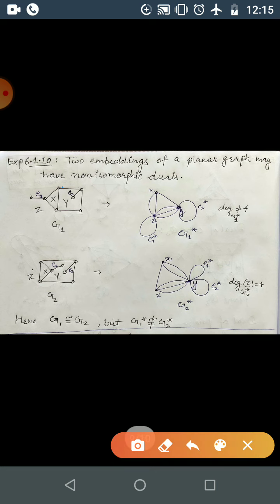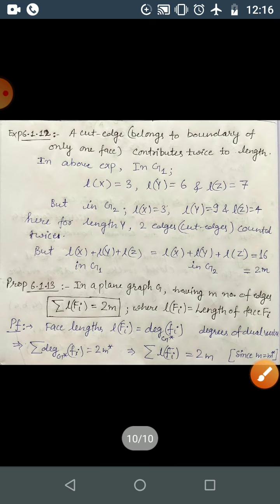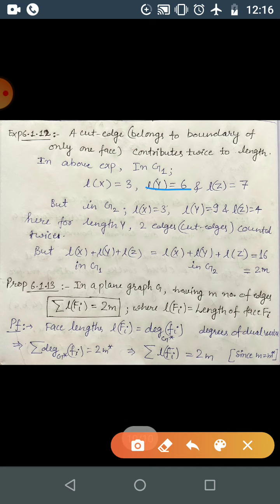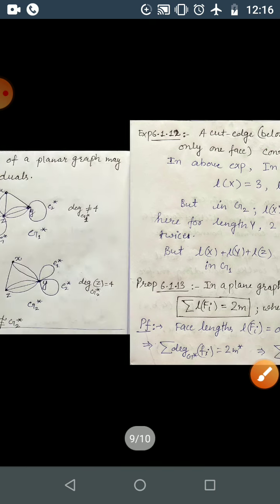The length of x in G1 is the length of the closed walk, correct, that is on this boundary. So that is 3. Now the length of y is starting from this one, then going back to this one and coming back to this one. So how many edges have we counted? 6.